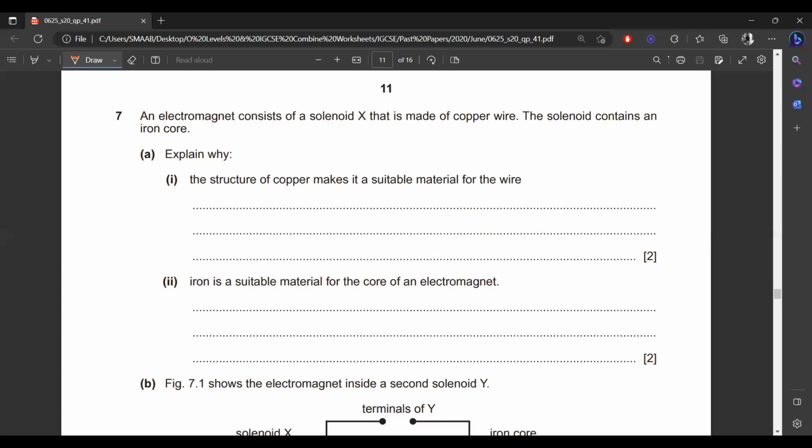Okay. So to write the answer for this question, copper is a good conductor. And when you are talking about conductor, always mention that a conductor contains free electrons.